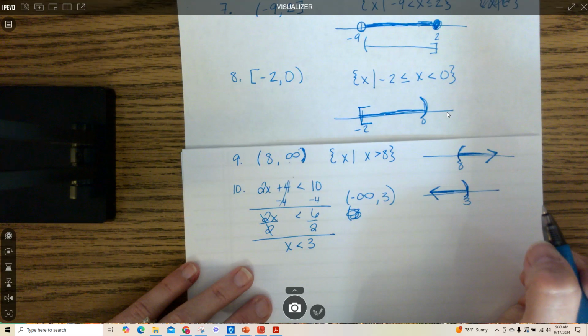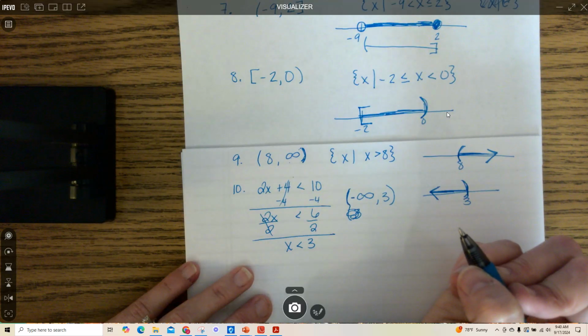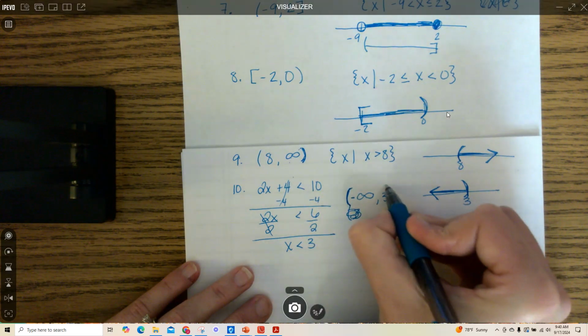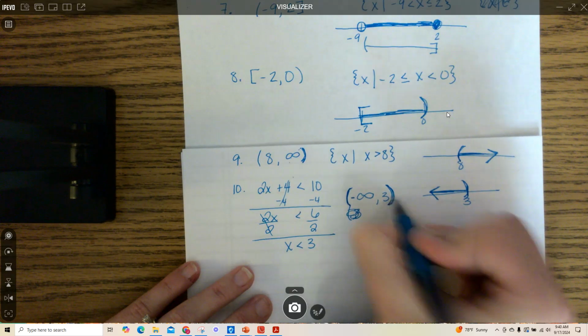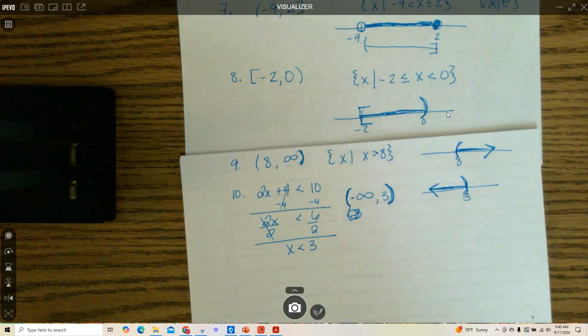Well, it just says type, so would it be x is less than 3? Is that how we write it in? Oh, it wanted parentheses in there. It should be parentheses. Sometimes they'll put parentheses on it, but they didn't put it on that one. I see, you had to type them in.